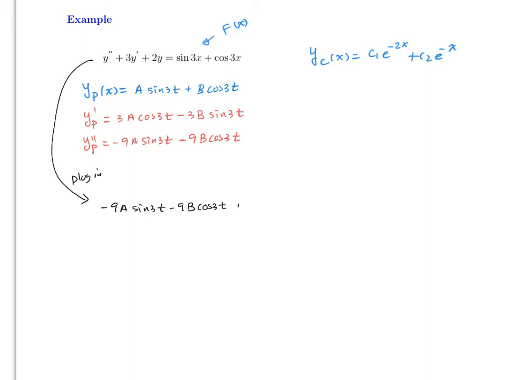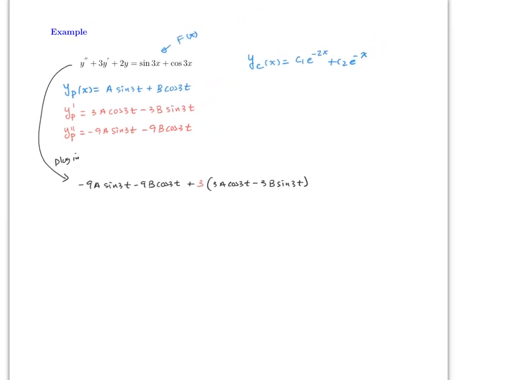And then plus 3 times 3a cosine 3t minus 3b sine 3t, and then plus 2 times y, which is just a sine 3t plus b cosine 3t, and this has to equal sine 3t plus cosine 3t.